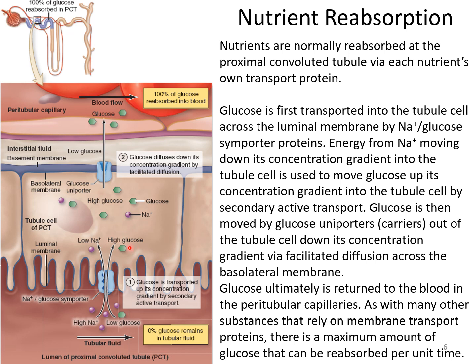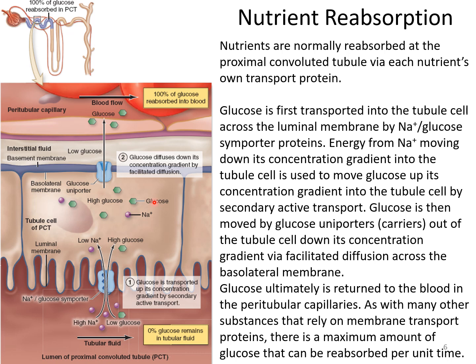Now glucose will diffuse across, and then you have glucose uniporters on the other membrane that will simply move it out of the cell. And then from there, it's just going to diffuse across and get absorbed into the bloodstream. So glucose is ultimately going to get returned to those peritubular capillaries. Peritubular, because it's the capillary that's right next to the tube.